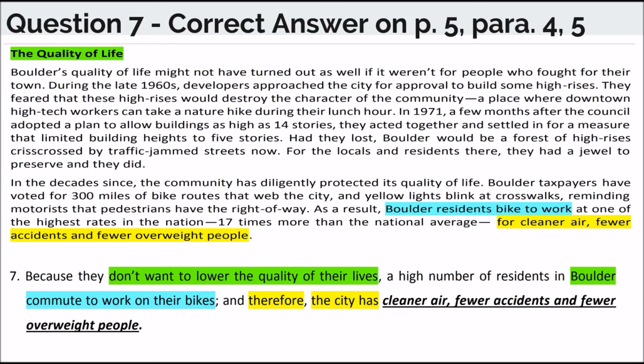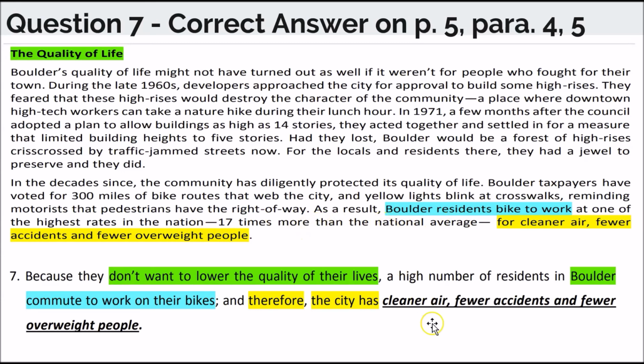So I'm going to take you to page 5, paragraph 4 and 5, the quality of life for the Boulder community, or Boulder city. At the end of this paragraph, we're given that as a result, Boulder residents bike to work. So they like biking to work, as we are given in the statement here, right? And one of the highest rates in the nation, 17 times more than the national average.